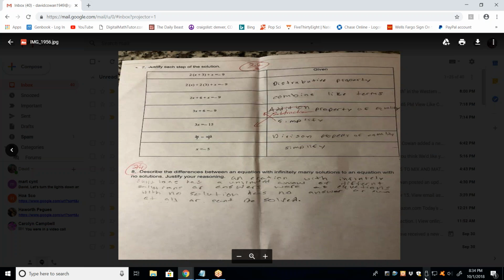Describe the differences between an equation with infinitely many solutions to an equation with no solutions. Wow, this was written by an English teacher, not a math teacher. What grade are you in, Jackson? 8. That's why. No math teacher in high school is ever asking you question number 8.